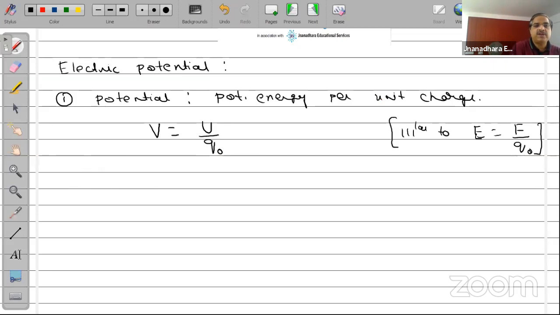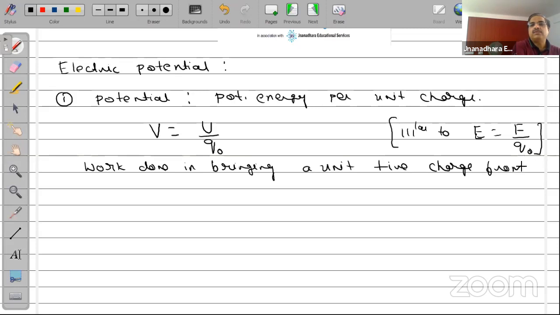Potential is defined as the work done in bringing a unit positive charge from infinity to a point. Okay, and that in fact is called the potential.